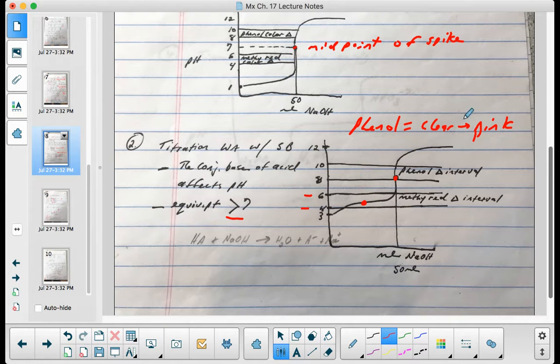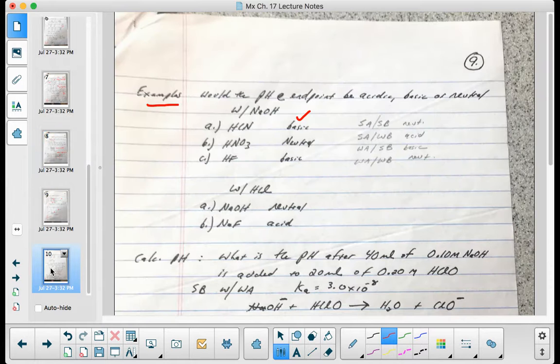Okay, so if we go back, we can look at some of the other examples here. And we'll look at HNO3 with sodium hydroxide. HNO3 is a strong acid, sodium hydroxide is a strong base. That one's going to be neutral. That's that first titration curve that I showed you. And then I have a strong base with a weak acid again.